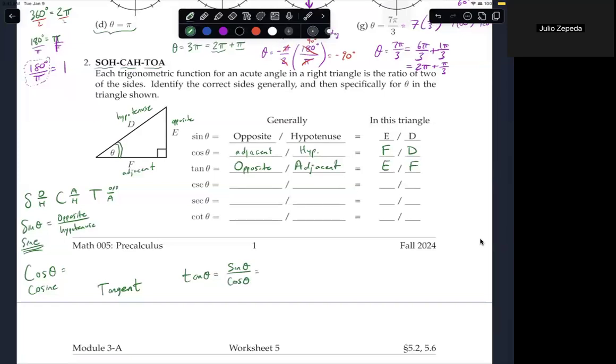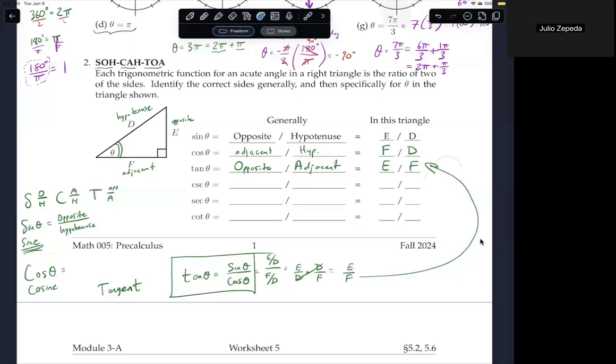We said sine of theta was E over D in this problem, and cosine of theta for this triangle was F over D. If we divide these fractions, as we learned in this class, by multiplying by the reciprocal of the second fraction, the D's cancel, and we get E over F, which is exactly what we said. SOHCAHTOA gives us the same thing, but sometimes it's helpful to know this identity, that the tangent of theta is equal to sine over cosine.